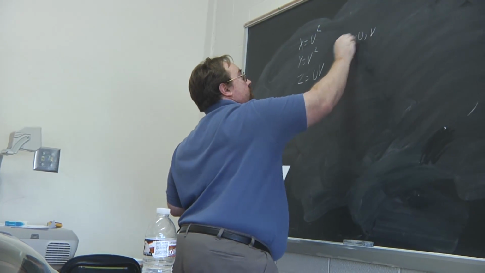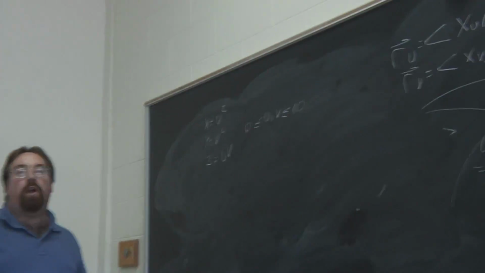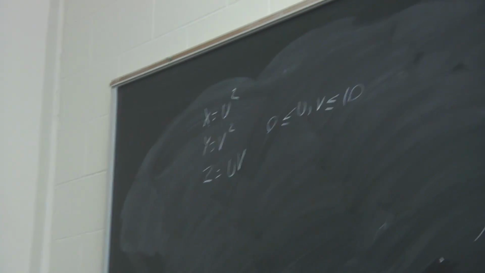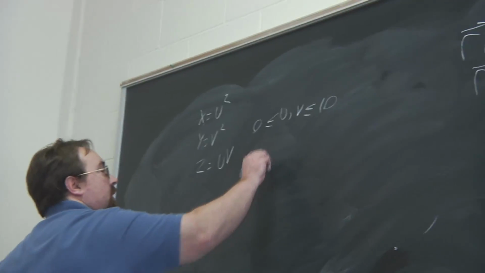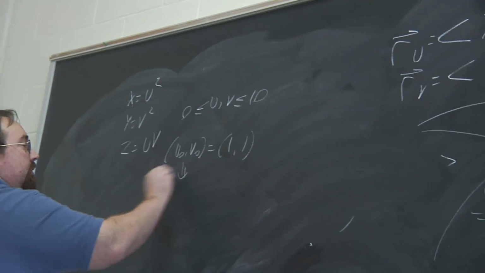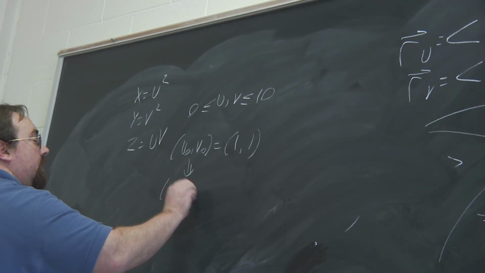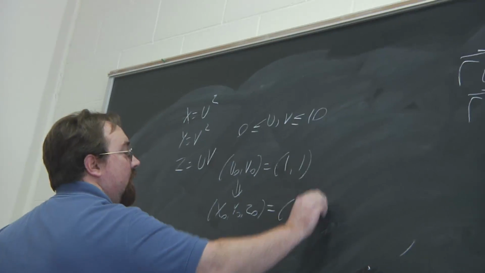And we'll let u, v vary over the 1 by 1 square in the uv plane. And let u naught, v naught be 1, 1. So that means the point x naught, y naught, z naught, where we're going to compute the tangent plane, is just 1, 1, 1.